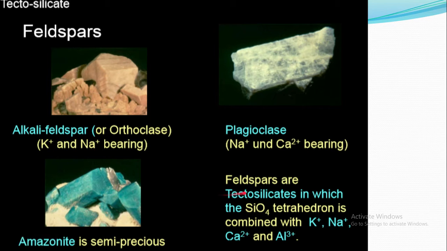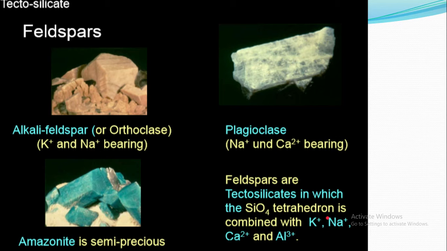These feldspars are tectosilicates, in which, as I discussed, the SiO4 tetrahedron is combined with the cations like potassium, sodium, calcium and aluminum. These will be our cations, and this is the anion. So this will fit combined with these cations.